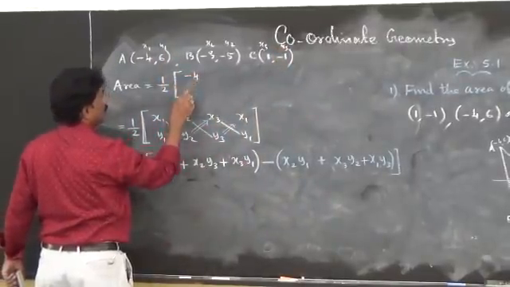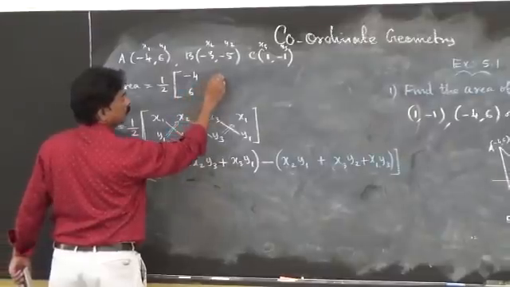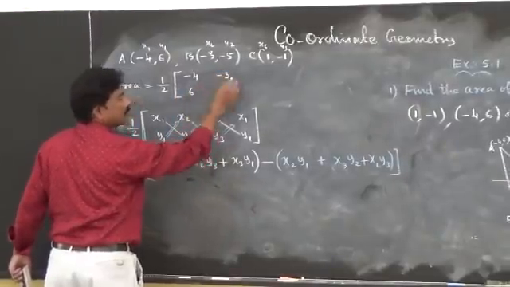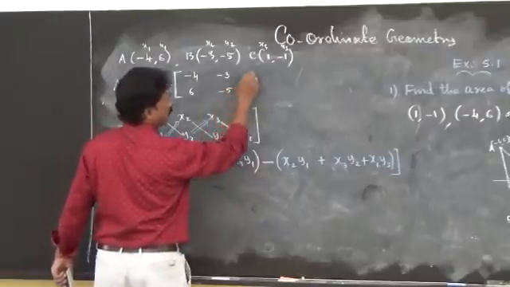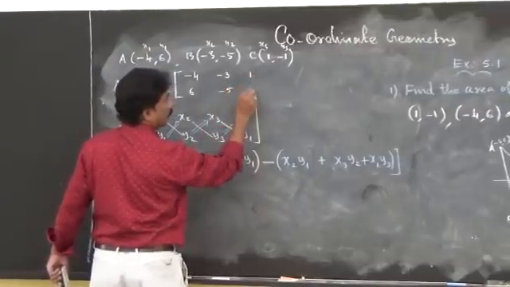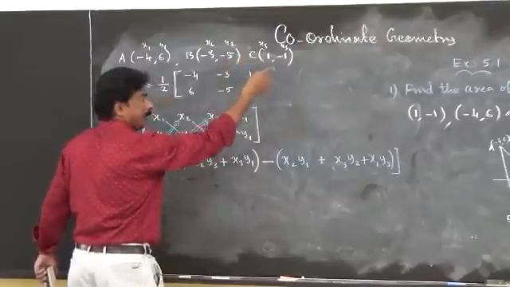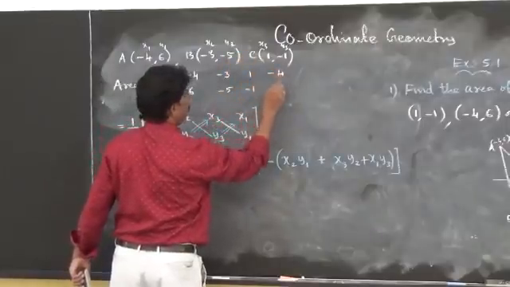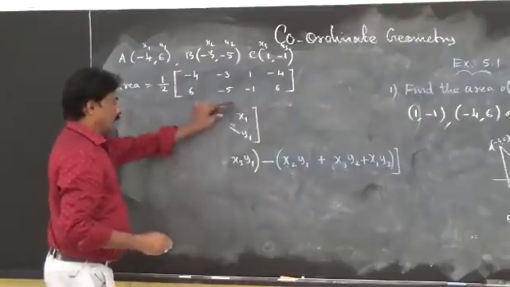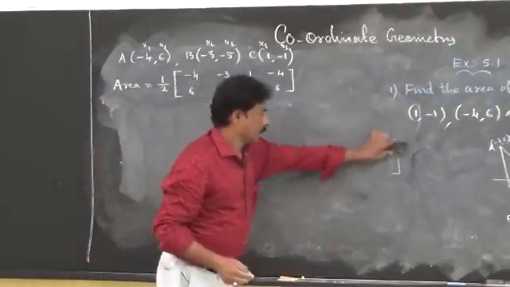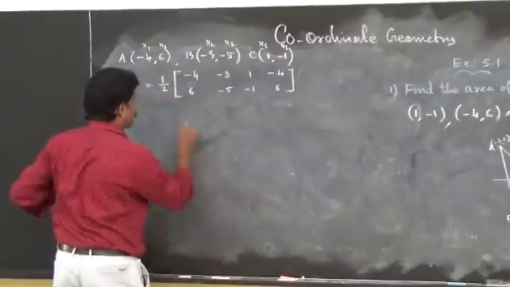Minus 4. y1 is 6. x2 is minus 3, when you write, leave a little gap. y2 is minus 5. x3 is 1. y3 is minus 1. Once again x1, so minus 4, 6. And I told you how to multiply. Start from the top.